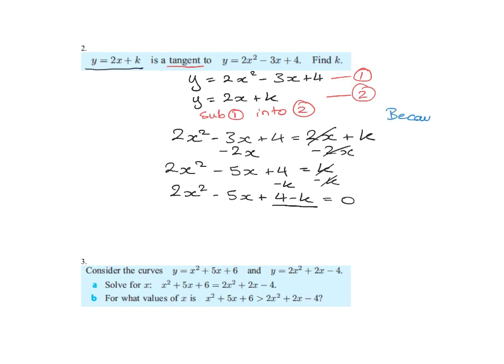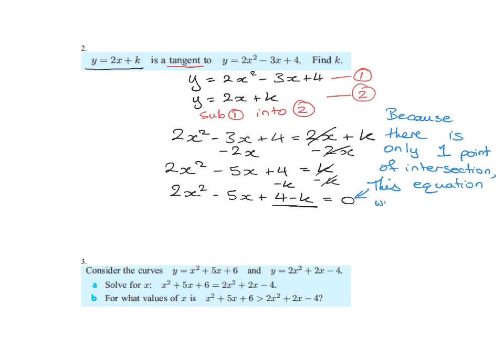Because there is only one point of intersection, this equation, so this one here, will only have one solution.